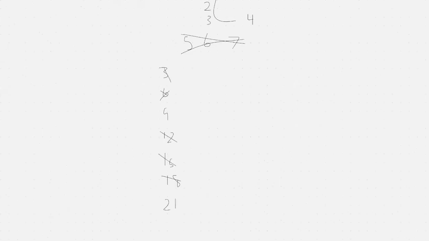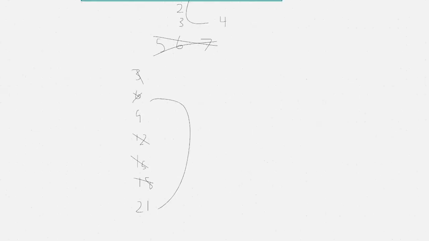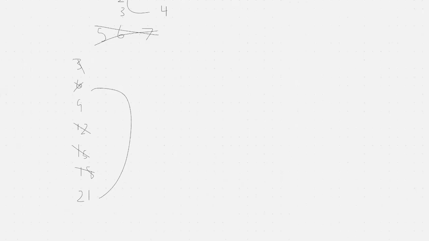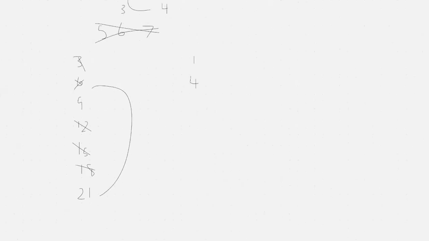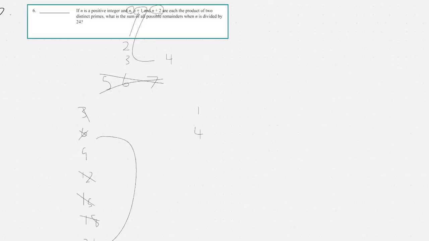So now let's do cases on whether n plus 2 is a multiple of 3. We have 1, 4. Wait, this is the values of n. So 1, 4, 7, 10, 13, 16, and 19.